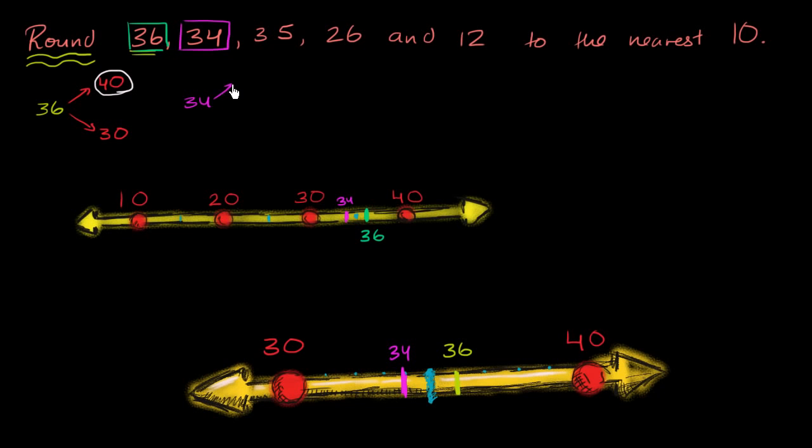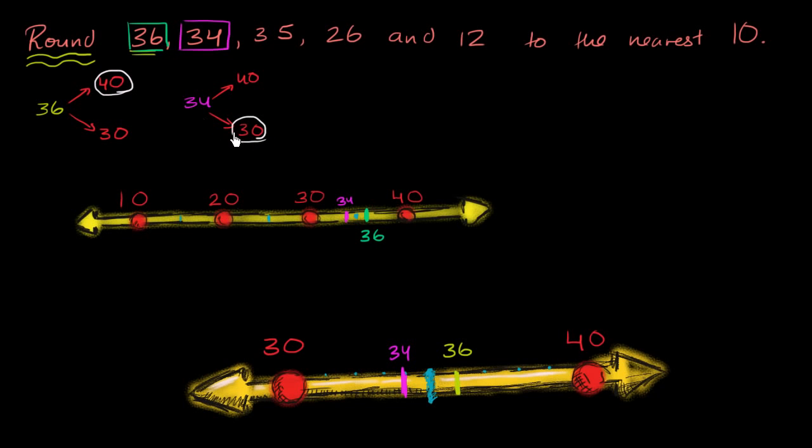The multiple of 10 above 34 is 40. The multiple of 10 below 34 is 30. Now, which one is it closer to? Well, it's only 4 away from 30 and 6 away from 40, so it's closer to 30. So we are going to round down to 30.